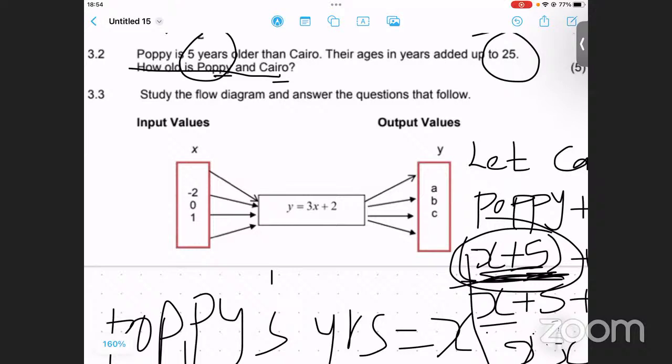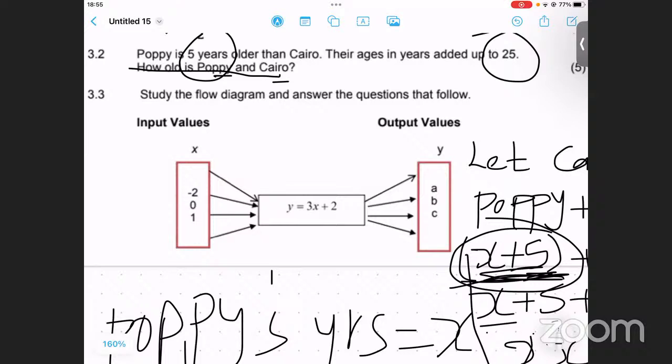So for the first one, where you see -2 on the equation, you're going to substitute -2. Then you're going to get the y value, what A is equal to. So you put on your calculator 3 times -2 plus 2 is equal to A. How much is that?